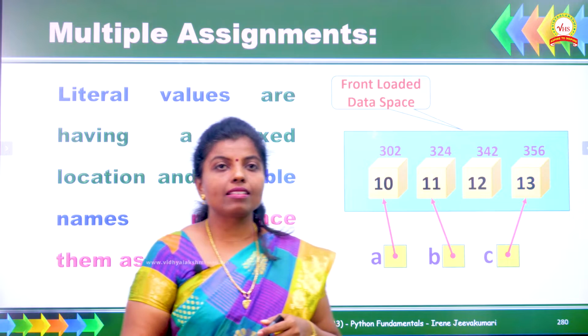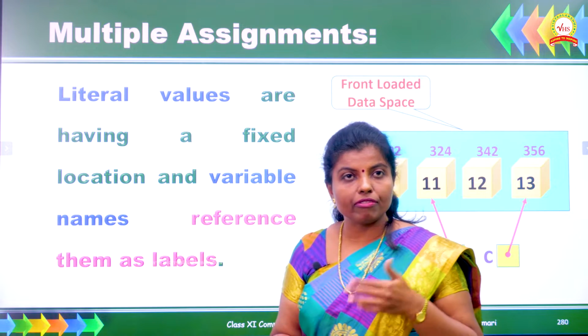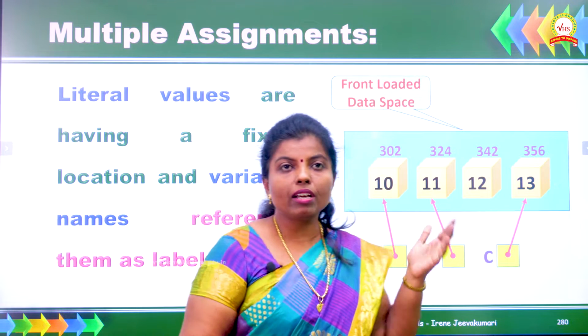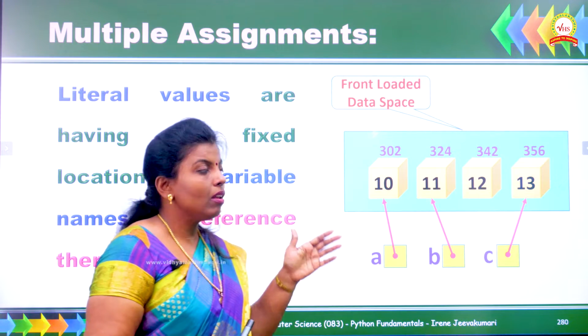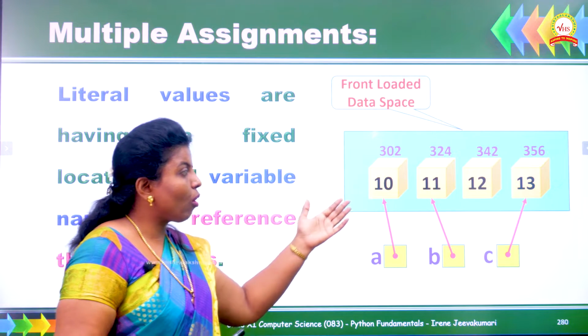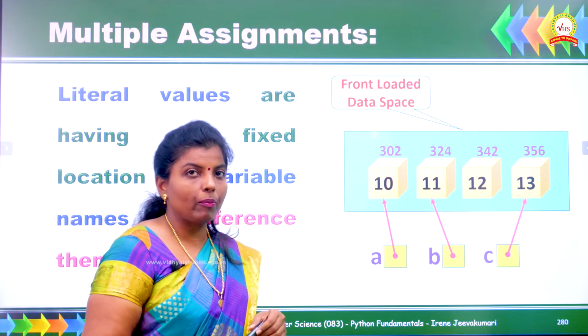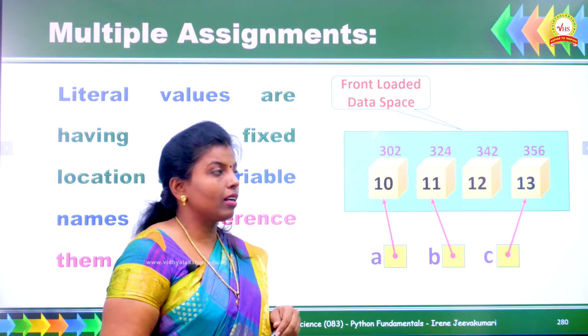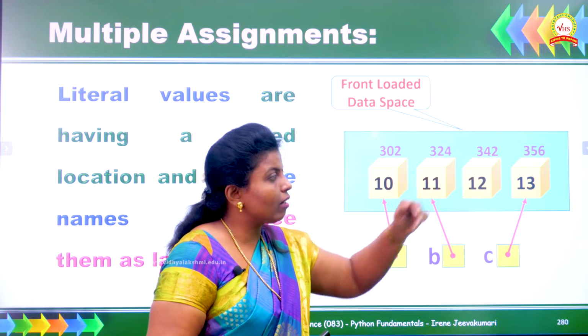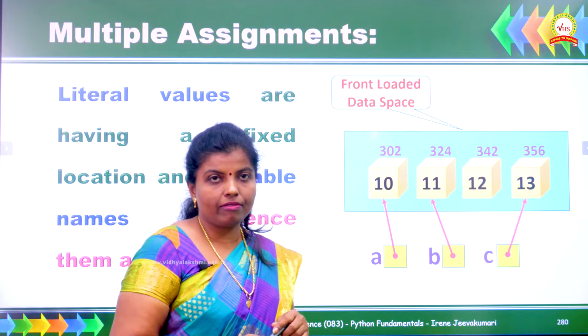From this, what we understand is that literal values have a fixed memory location, and variable names reference them as labels. As we learned in the previous example, we have a front loaded data space, and the literals are stored in fixed memory locations. Say 10 is stored in 302, 11 is stored in 324, 12 is stored in 342, and 13 is stored in 356.